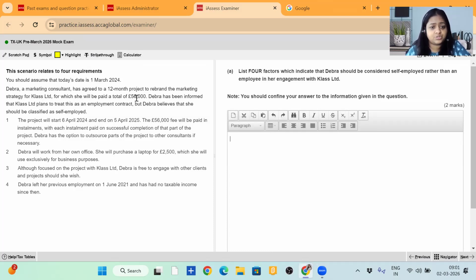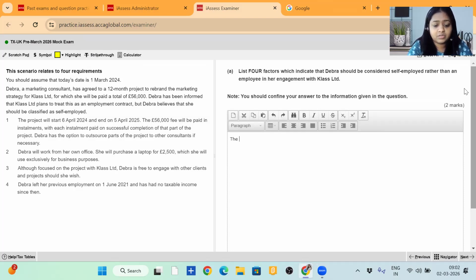It doesn't really show anything. So let's read the next one. The project will start on 6th April 24 and end on 5th April 25. The 56,000 fees will be paid in installments, with each installment paid on successful completion of that part of the project. Deborah has the option to outsource parts of the project to other consultants if necessary.